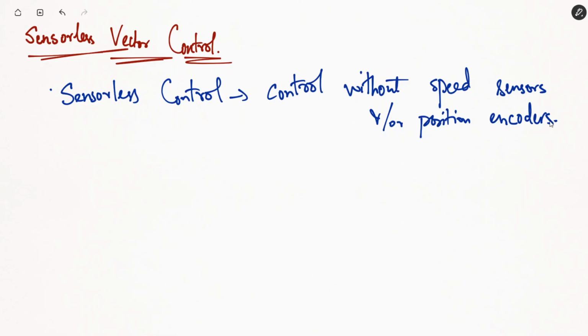So in case of sensorless control strategies, we do not use speed sensors and/or position encoders.